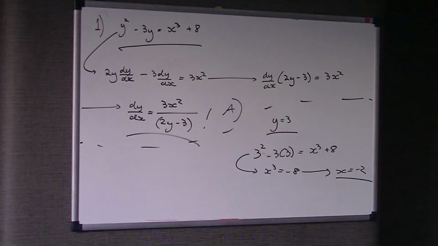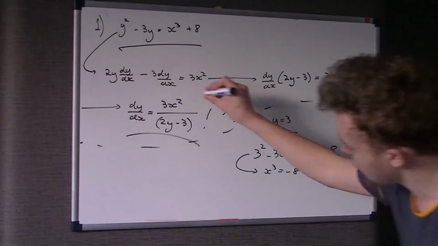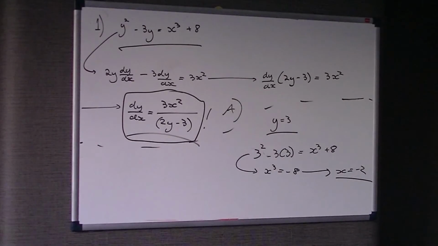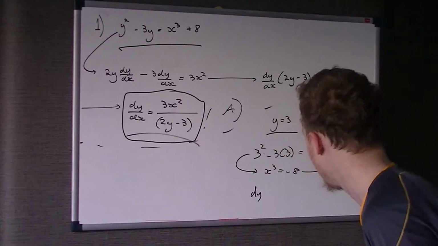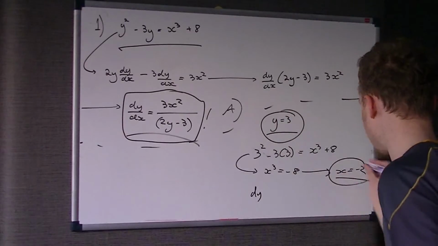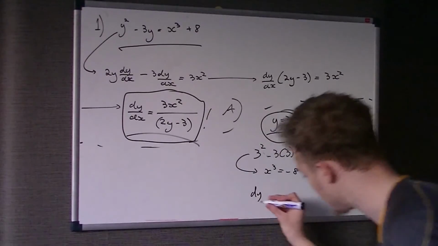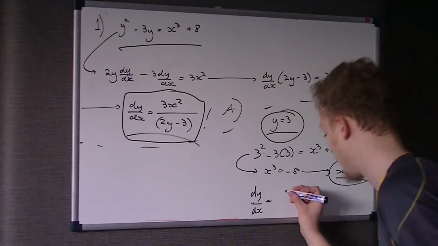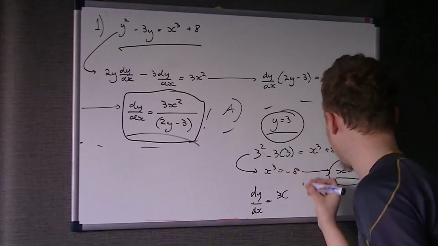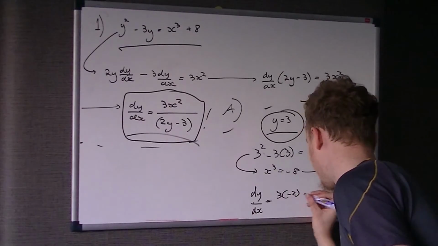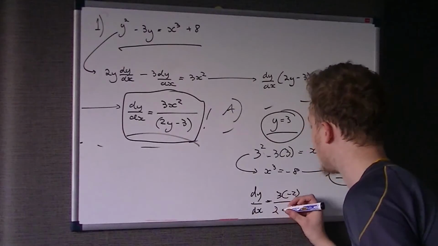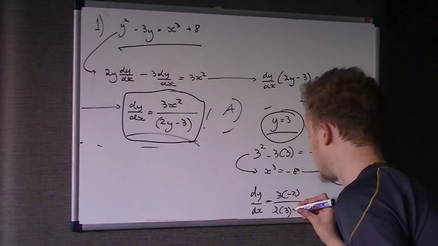So if x is equal to minus 2 and y is equal to 3, now we can use the gradient function that we worked out before to work out the gradient. Just input your numbers, y as 3 and x as minus 2, into that equation. So dy/dx is equal to 3 times x squared, 3 times minus 2 squared, which is 3 times 4, over 2 times y, 2 times 3 take 3.